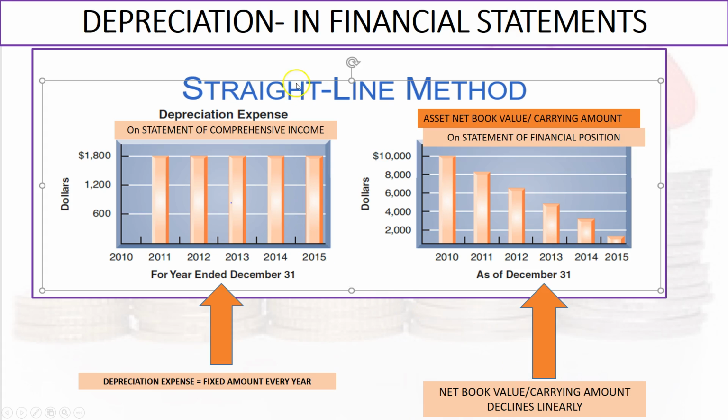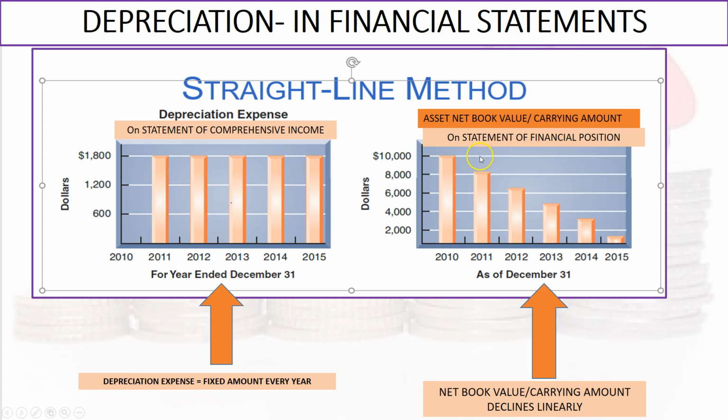So what happens is like this. Straight line method depreciation is an expense, so the same amount will be charged in SOCI, or Statement of Comprehensive Income. Now, there are times when you use straight line method that the first year might be a different amount, because the non-current asset was bought 3 months before the financial year ends.